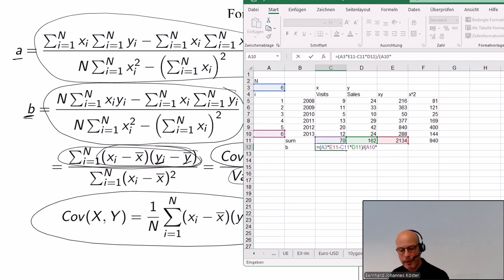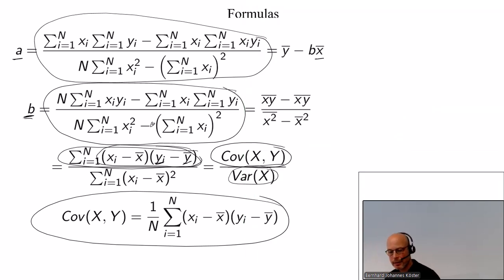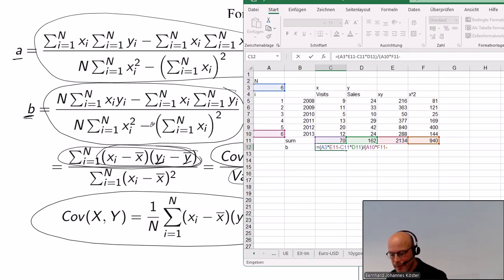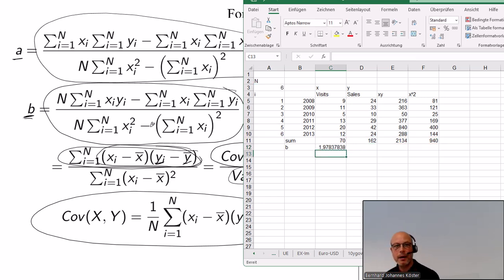Then x squared minus, no, here there's no n, be careful. It's 70 squared. Great, and this is our B.